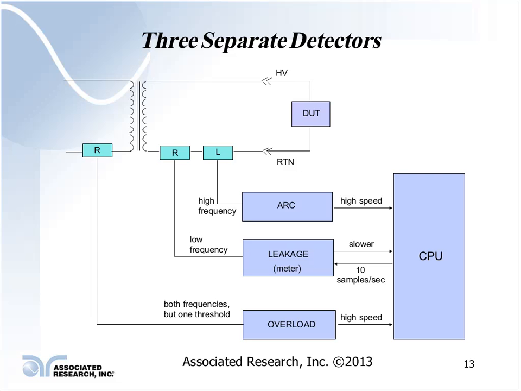You could have a catastrophic failure that occurs due to an arc where the thing flashes over and now the current exceeds the capacity of the instrument. So both of these detectors, the arc detector and the overload detector, may go off simultaneously. If the arc detector goes off by itself, the instrument will display arc failure. If the arc detector and overload detector go off simultaneously, the instrument will display a breakdown.